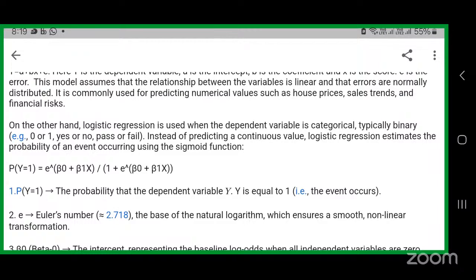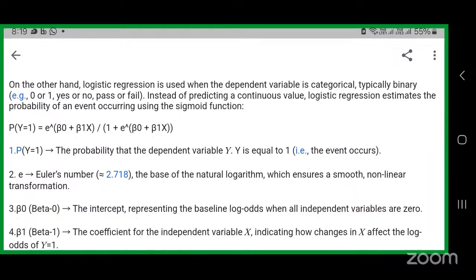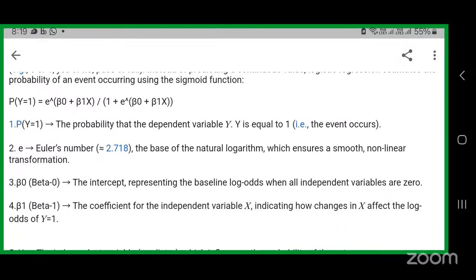Next, the e. e is Euler's number, 2.718, the base of the natural logarithm, which ensures a smooth nonlinear transformation. Then beta 0. Beta 0 means the intercept, representing the baseline log odds when all independent variables are 0.